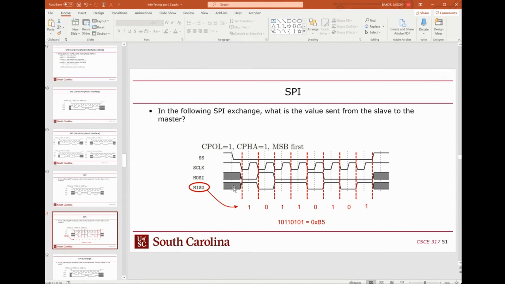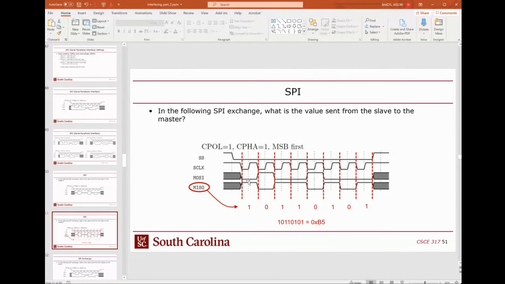In this case, it's a little confusing because I've got these vertical dotted lines shown in the timing diagram, but the vertical dotted lines are based on the way that CPOL and CFA are set up. The dotted lines are marking the rising edge of the clock, which in this case happens to be where you want to read the data.